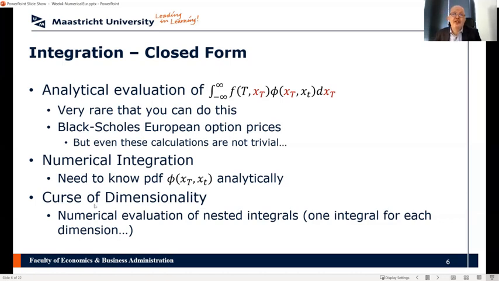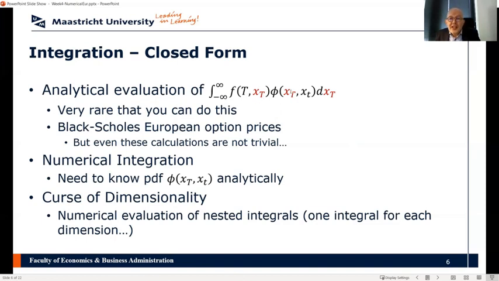However, numerical integration suffers from what's known as the curse of dimensionality. It works very well in doing a 1 or a 2 or a 3-dimensional integral, but the numerical complexity, or the number of function evaluations you have to do, explodes quite quickly.